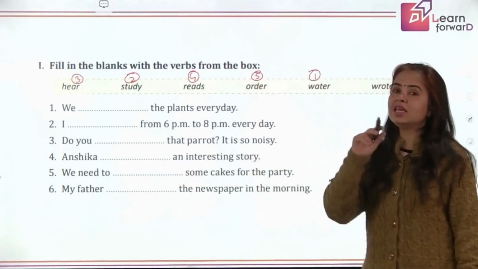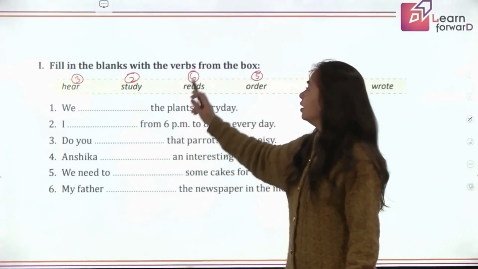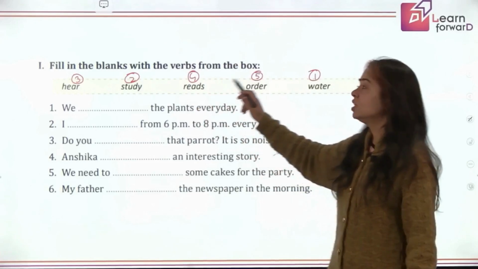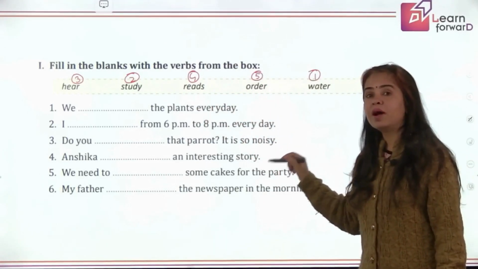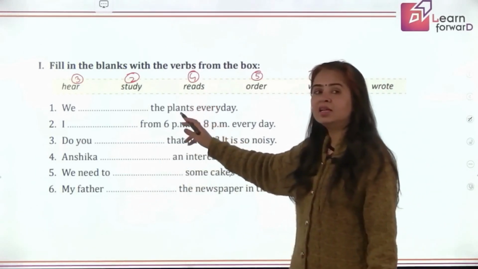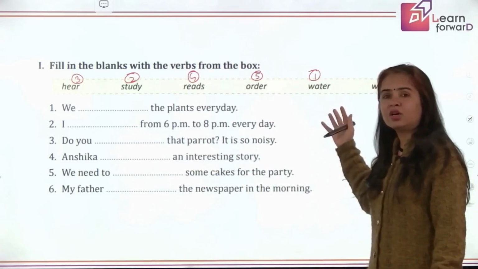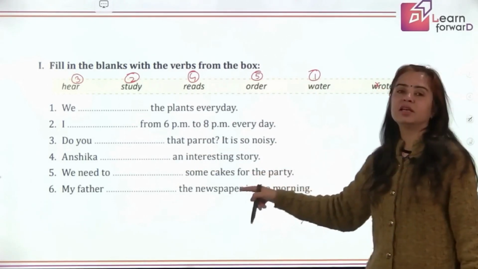Oh, see, here we have made a mistake. Anshika can read also, she can write also the interesting story. But when you come to your father, he can read the newspaper, but do you think he can write also? No, that means this option is not for sentence number 6.